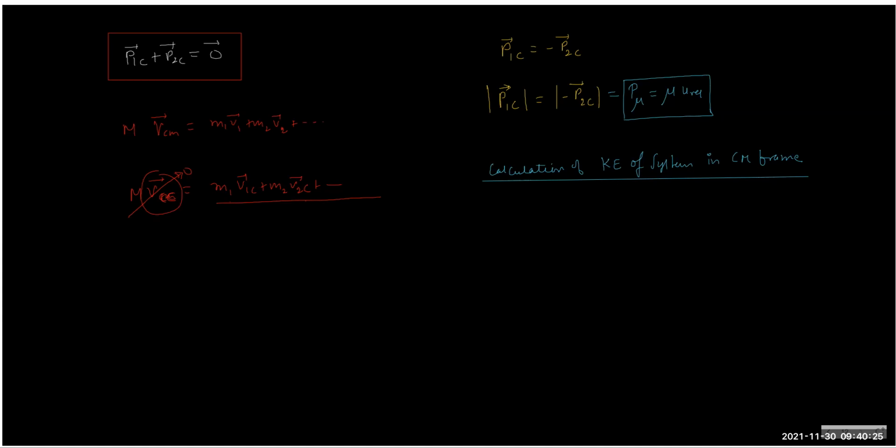So think this way: let's say we have a system with two particles. And they may have some velocity in random direction. So the center of mass will also have some velocity.